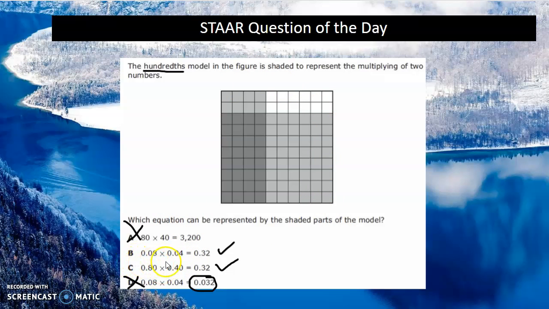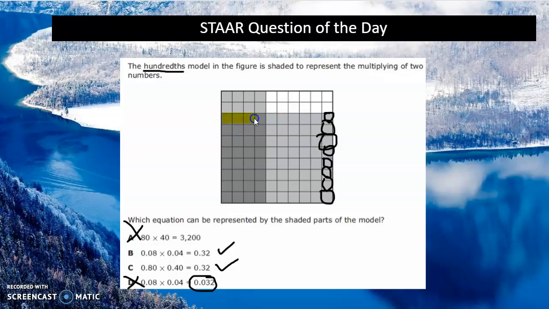Well, if we look at the model, where it overlaps, first of all, 8 hundredths would be just 1, 2, 3, 4, 5, 6, 7, 8. Is that all that's shaded?